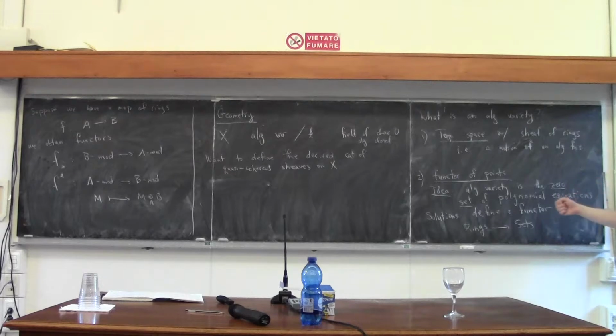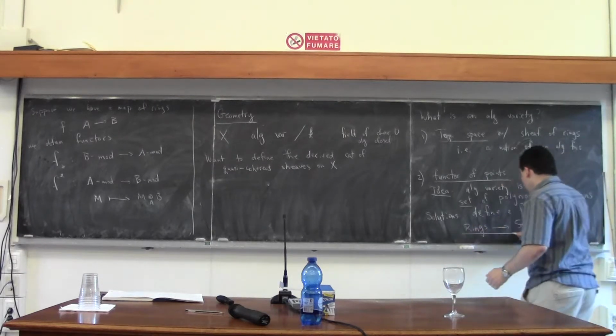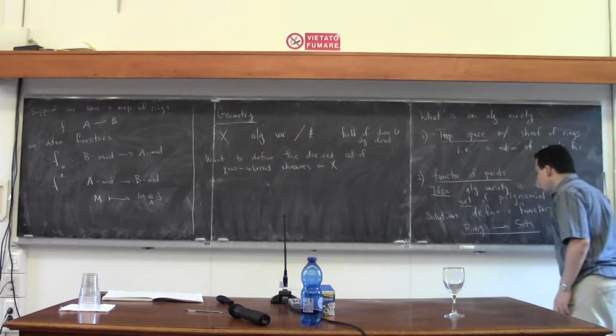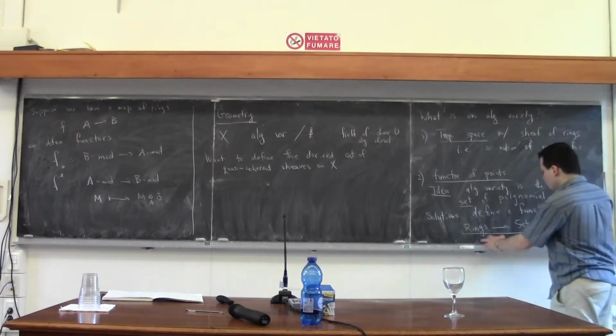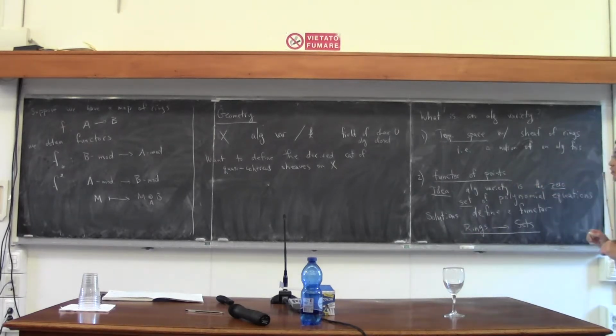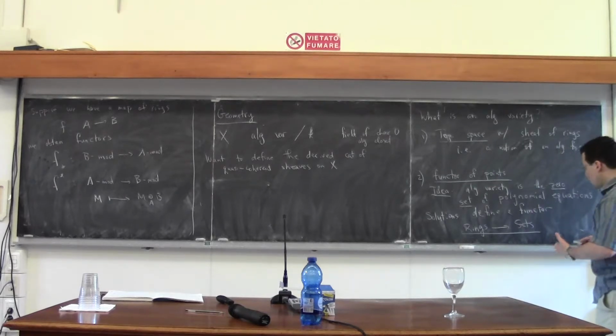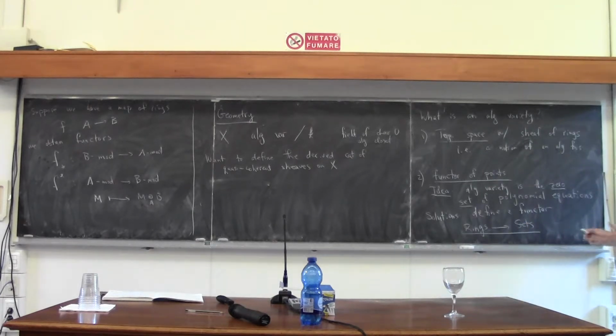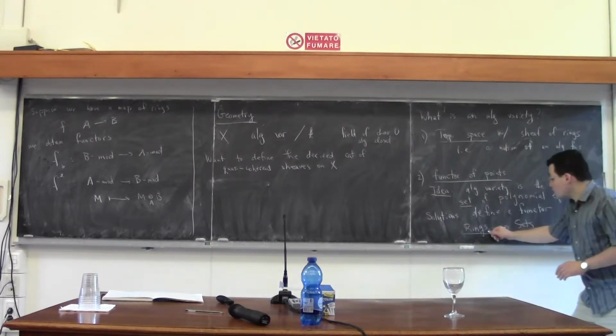And if you have a map of rings, then if you have a solution over one of them, the image of that will also be a solution of your polynomial equation. So any algebraic variety we can think of as a functor from rings to sets. And in fact, this retains all the information.